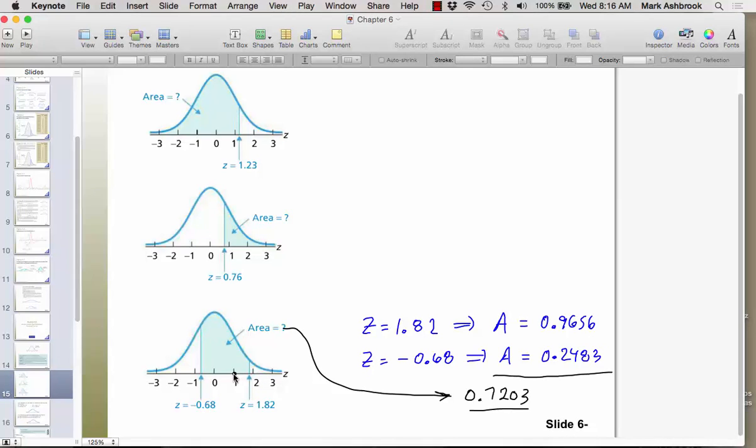What about 72.03%? Yeah, you can see. Right. So it's the percent of the data that falls between a z-score of negative 0.68 and when your z-score is 1.82. The area is the same as the percent of the data or the relative frequency.